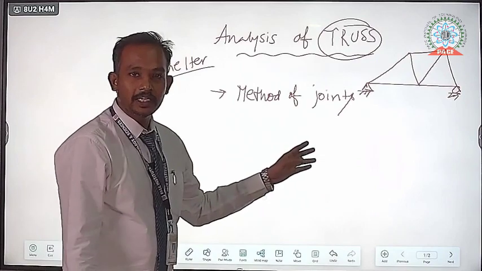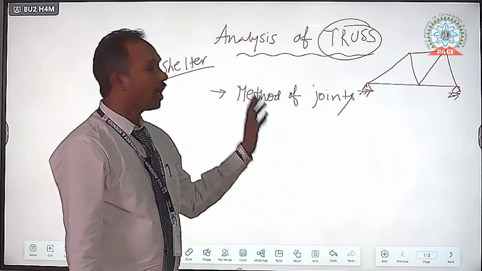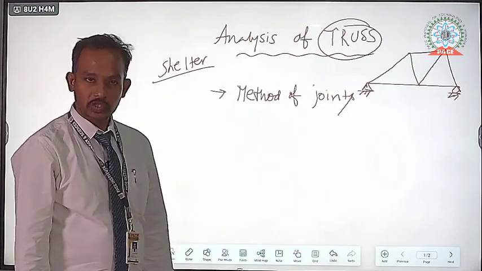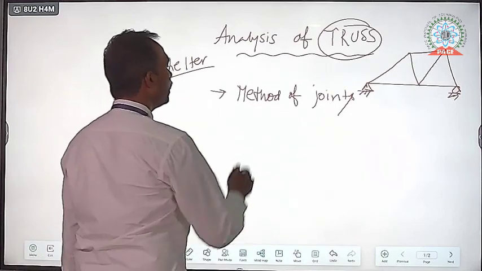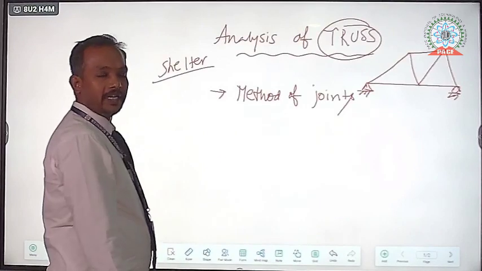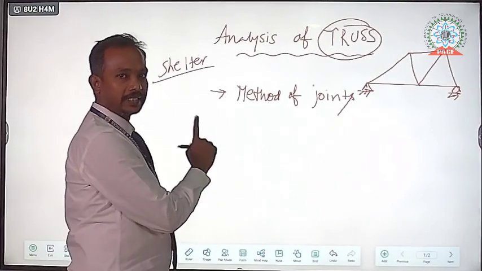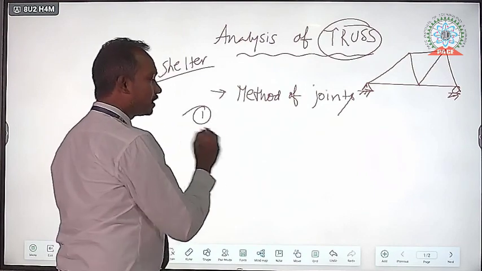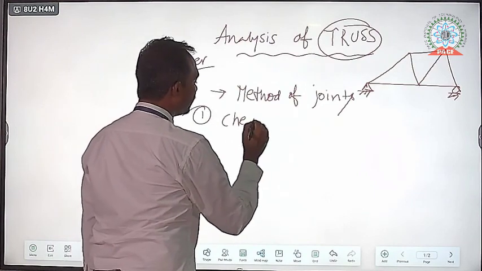From this method, we can learn how to analyze the truss by using the method of joints. There are a few steps in this method of joints to analyze the truss. Number one is check the perfect condition.